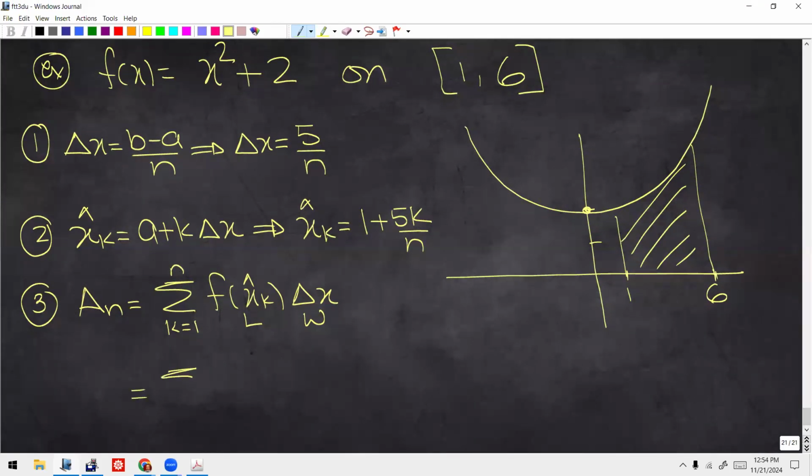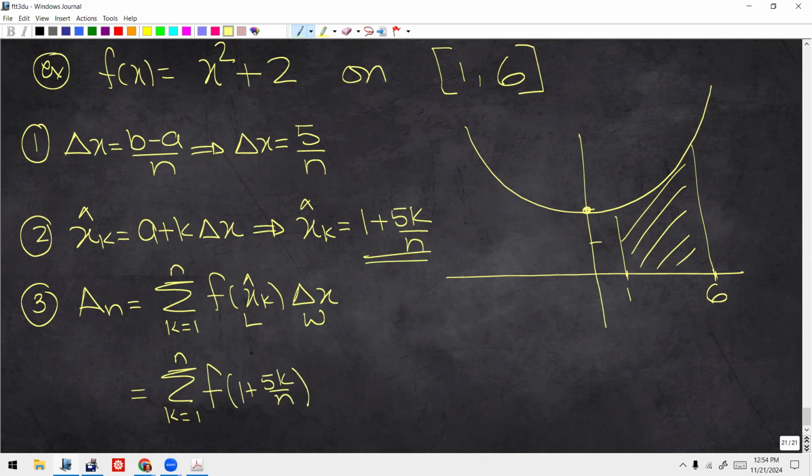So we get summation k is equal to 1 to n f of x squared plus 2. Oh, sorry. What is x hat sub k? 1 plus 5k over n times delta x, which is 5 over n. Good.